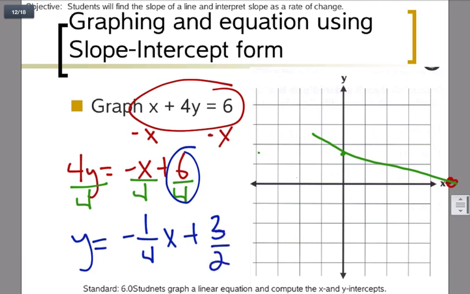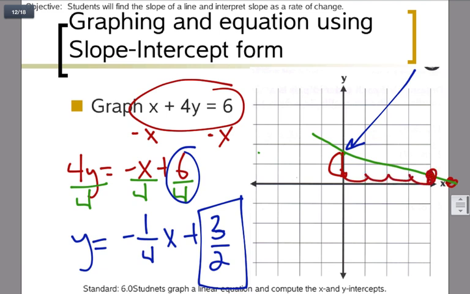And so what this means is my y-intercept is 3 halves, right there, and the slope from there is negative 1 over 4. That means I should go down 1, and then over 1, 2, 3, 4. That's right here on this line.